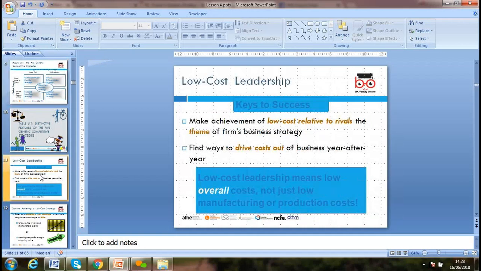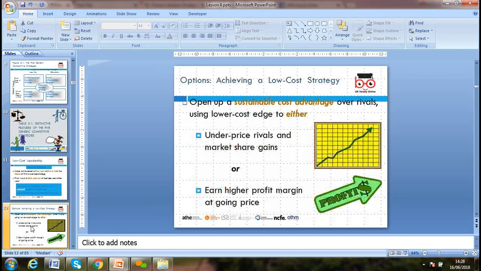When we focus on lower cost, we aim for a lower cost relative to rivals. In the firm's business strategy, we find the cost drivers and focus on the lead drivers to reduce them, so we achieve a lower cost and open up a sustainable cost advantage.